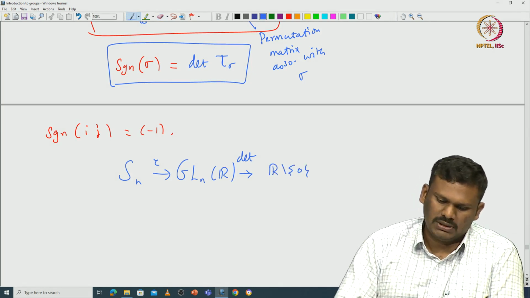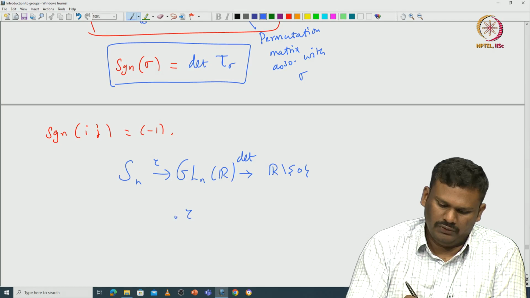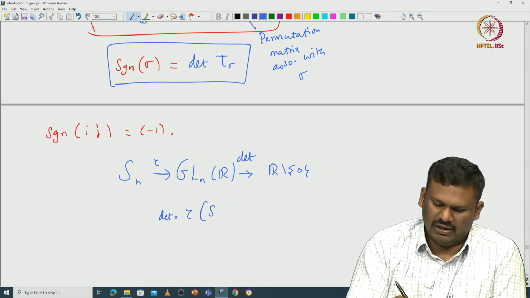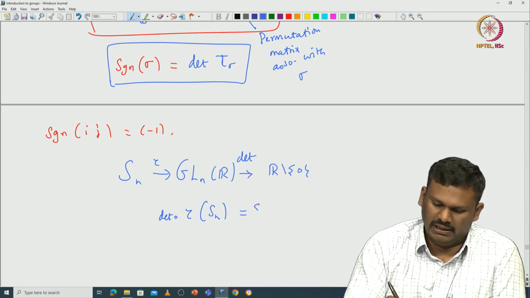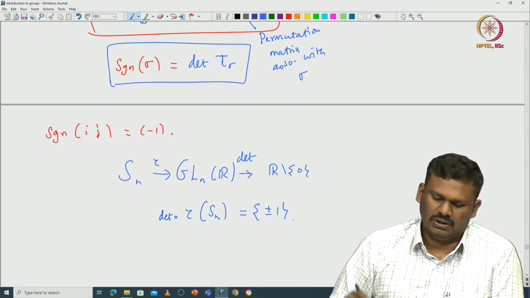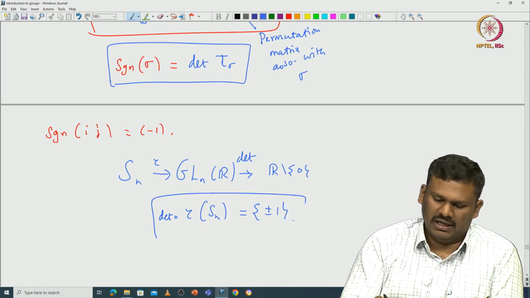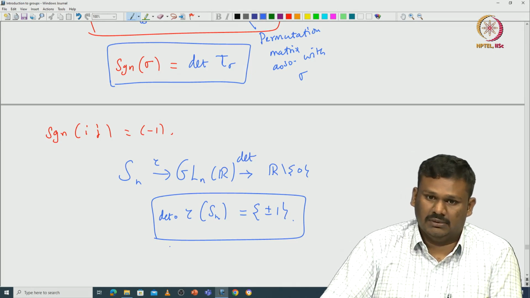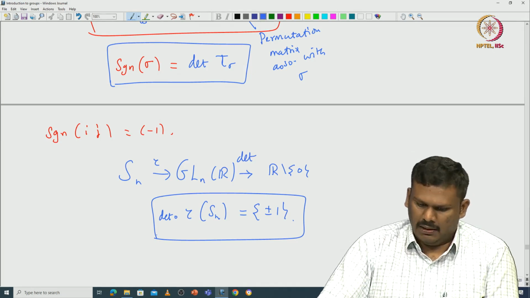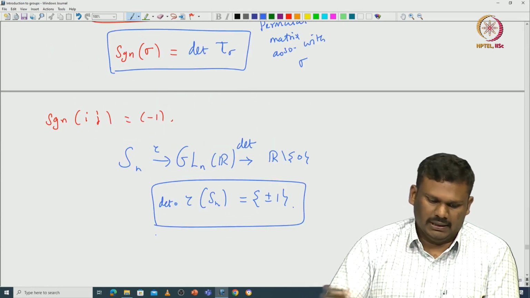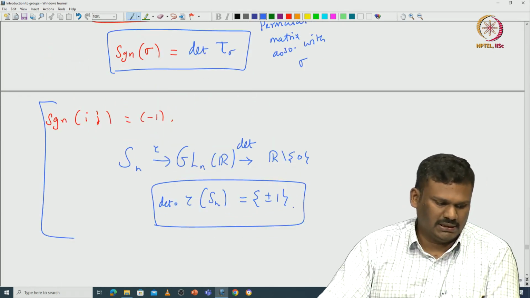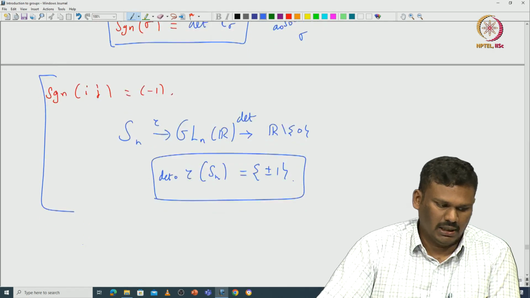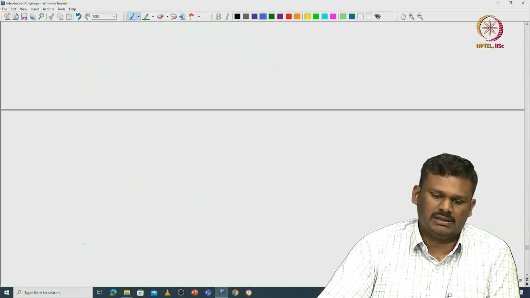But when you compose tau with determinant on S_n, this will lie inside plus or minus 1. This is something we can see from the definition, because these permutation matrices have determinant plus or minus 1. This is something we have already done.